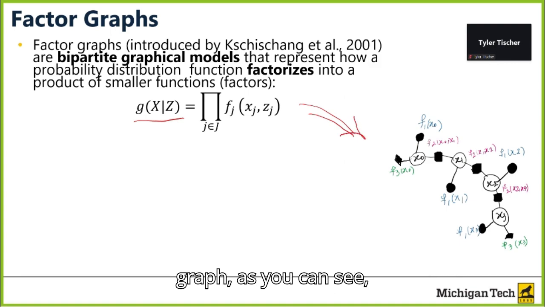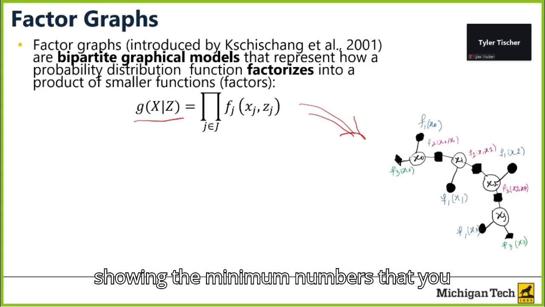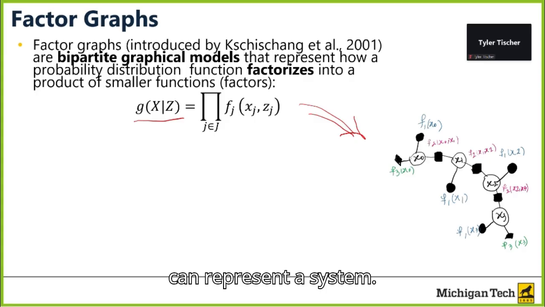In this graph, as you can see, some nodes are empty circles. Those empty circles we call states. A state normally shows the minimum numbers that you can represent a system.